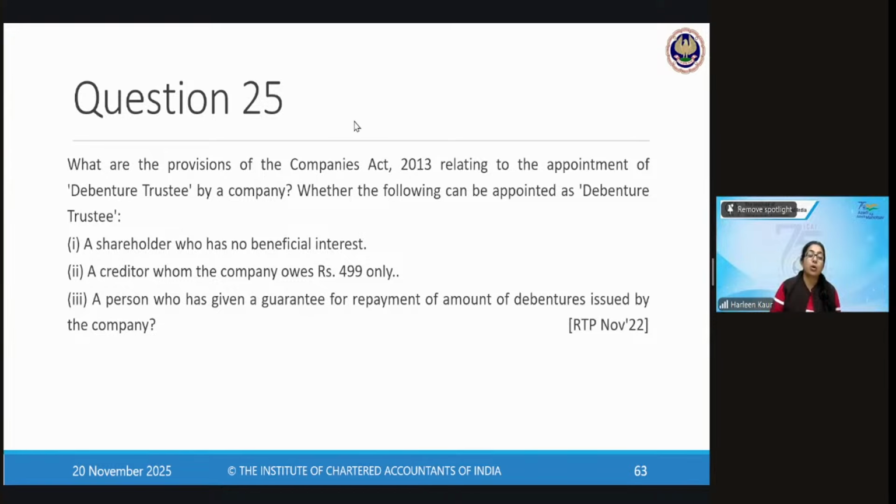There are 5 to 6 points given in the book. Can you tell me any 2 points which you have retained in your mind and which are coming to your mind right now? Any 2 points on who cannot be a debenture trustee? Anyone wants to raise their hand?